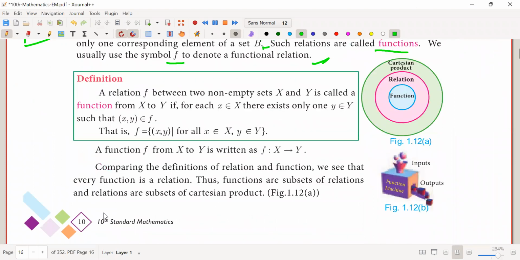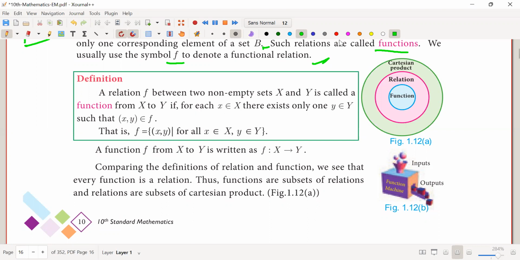We usually use the symbol f to denote the functional relation. Definition. All right. So what is a function? Two sets. Each and every element of set A should be related to only one element of set B. Right?